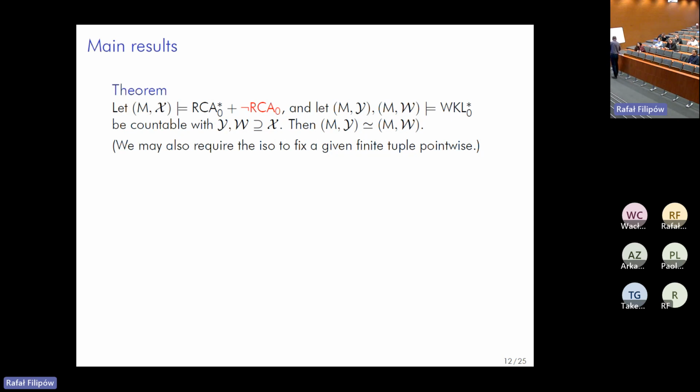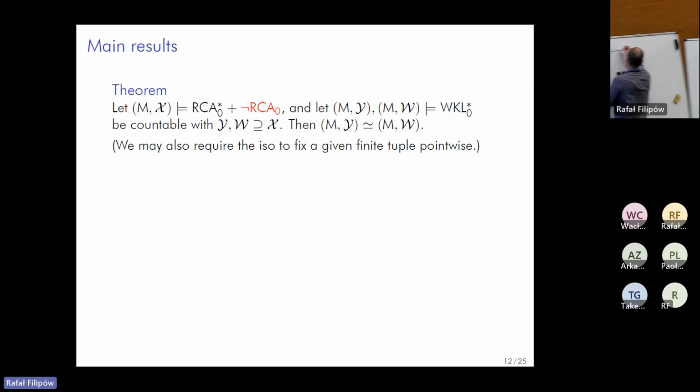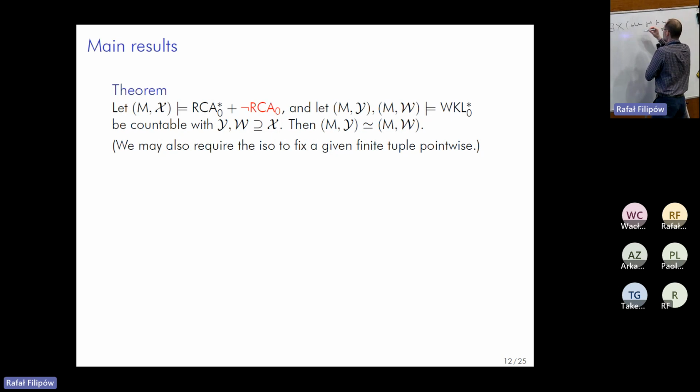So maybe I'll write out what not RC0 means. I think it's important to clarify the quantifier complexity of that statement. So not RC0 says there exists a set X such that induction fails for some Σ⁰₁ formula with X as the only second order parameter.